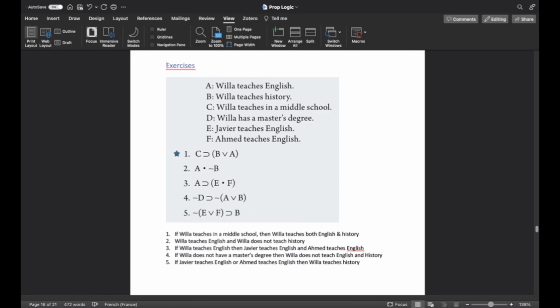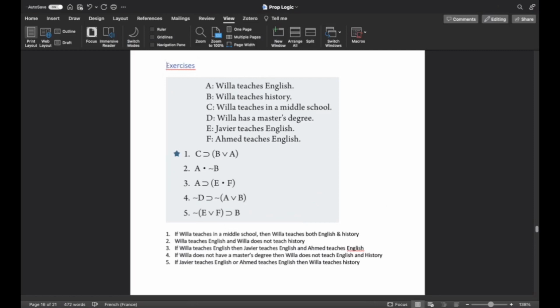All right, so for the first one, we have C, Willa teaches in the middle school. Let's go step by step. What's the main operator of this proposition? It's the conditional. So we have some antecedent and some consequent.